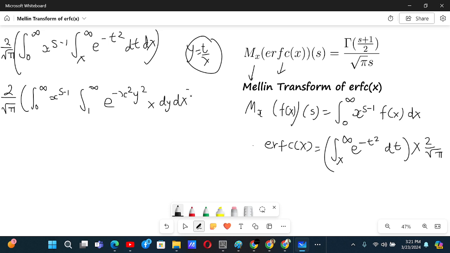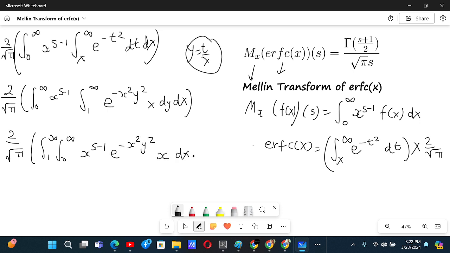Yeah. Now let us interchange the order of integration. And we have the integral from 1 to infinity, the integral from 0 to infinity of x to the power s minus 1 e to the power minus x square y square x dx dy.